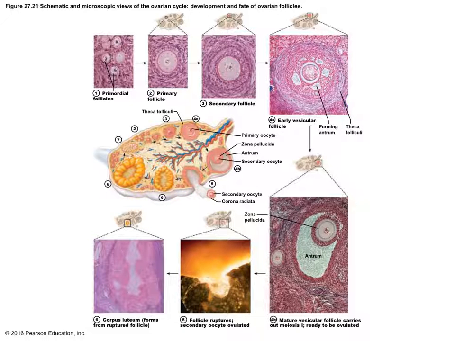And when this antrum gets big enough, the oocyte is going to be hanging on back here at the back of the follicle until eventually the antrum reaches the surface of the ovary and ruptures, and it's going to eject the oocyte into the peritoneal space outside the ovary, leaving behind the corpus luteum, what's left of the follicle.